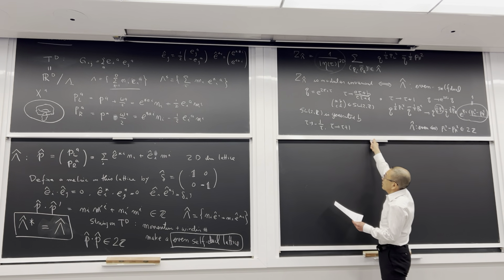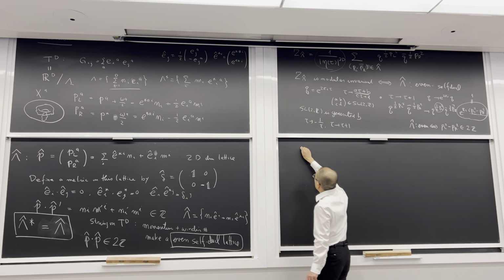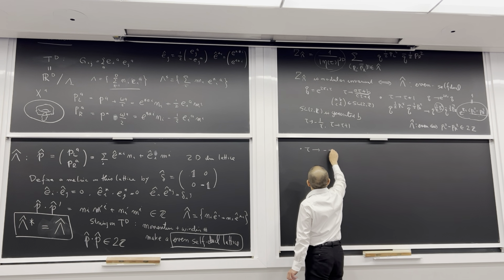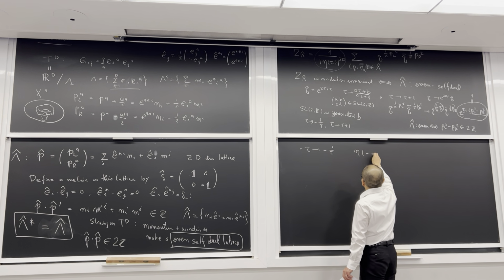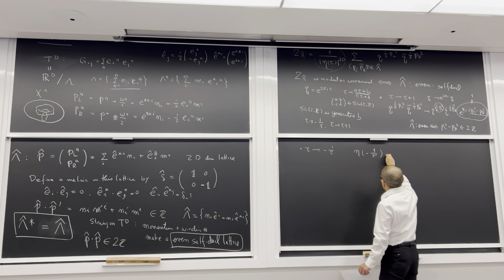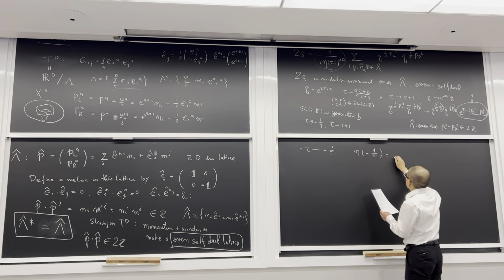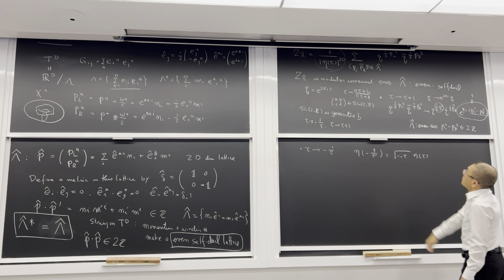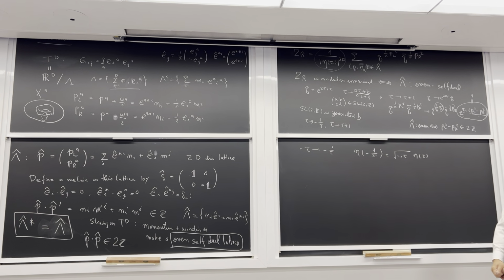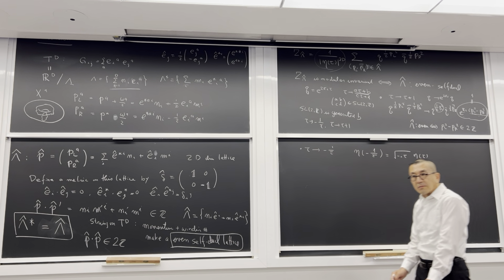It's more interesting to check the modular invariance under tau goes to minus 1 over tau. Okay? For the Dedekind eta function, you can just look it up in a table of functions or Mathematica to see that this is minus i tau times eta of tau. So therefore, the prefactor 1 over the absolute value of eta to the 2d gives rise to some power of tau and tau bar.